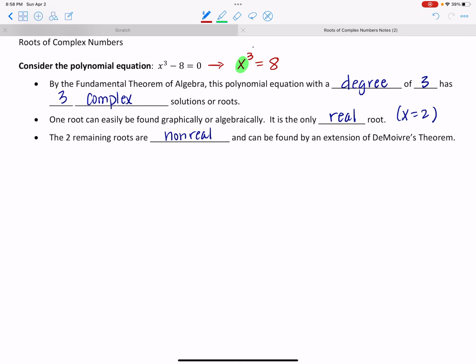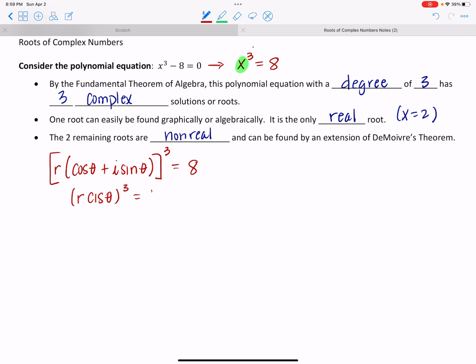So remember, the polar or trig form of our complex number is r times the cosine of theta plus i times the sine of theta. There are 3 of these complex numbers that I could cube to make 8. And here's where our theorem comes from, or is going to be put into play. Now I have a complex number raised to a power, and actually I'm going to condense this. I'm going to call this r cis theta cubed.